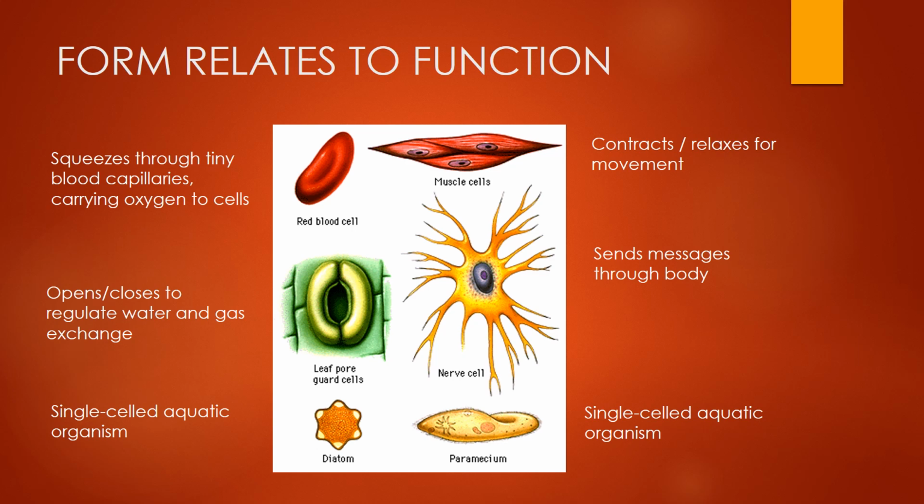Leaf pores or guard cells have openings and closings to regulate water and gas exchange in a plant, and nerve cells function to send messages through the body, so they have long, stringy pieces. All right. Single-celled aquatic organisms look very different from the cells in our bodies.